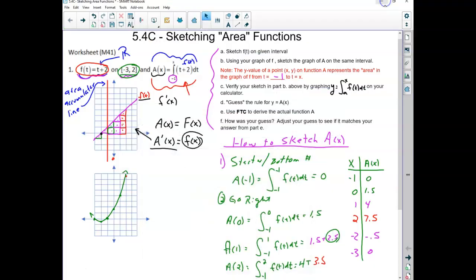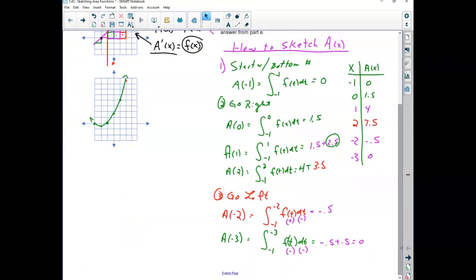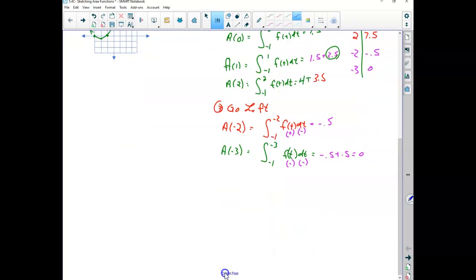We know how to integrate it as well, okay? And what are you talking about? Well, we'd be able to find a particular solution if we had to, because we could take our integral from -1 to x of t plus 2 dt, couldn't we? And we could integrate this, and we could say, oh, this is 1/2 t squared plus 2t, and we can evaluate that from -1 to x.